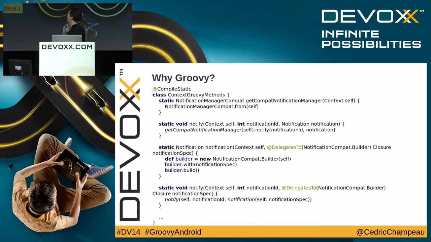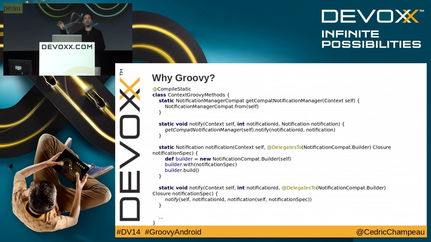You have the static modifier, and the important part is the first argument, context. By doing this, I am adding a method to the context class. And the method will be named getCompatNotificationManager. So if I have an instance of context and now call getCompatNotificationManager, it will return what this code does.